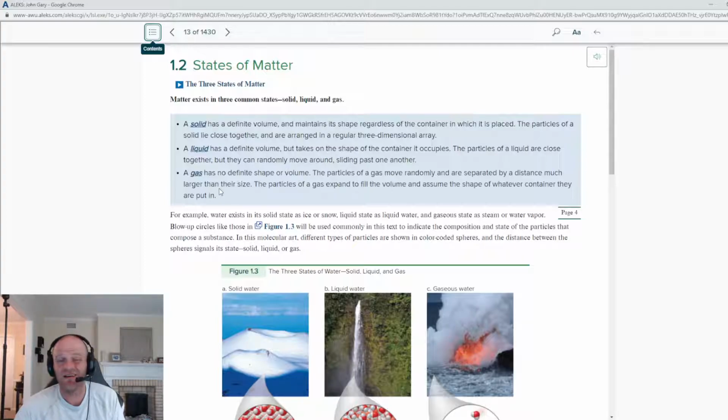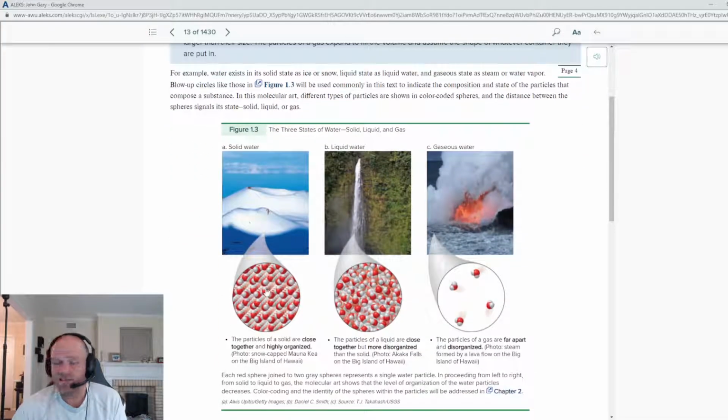The density of steam is much lower. The physical properties are essentially just changes in physical state or physical arrangement. When they show you these little pictures, these are the individual molecules.